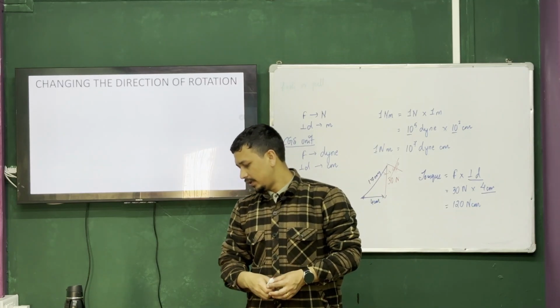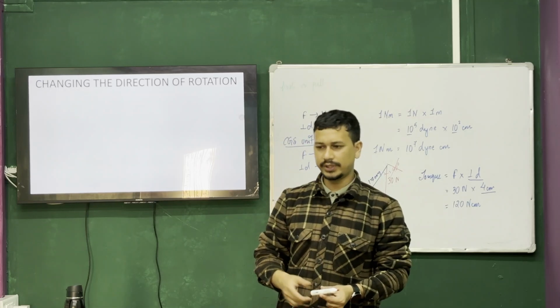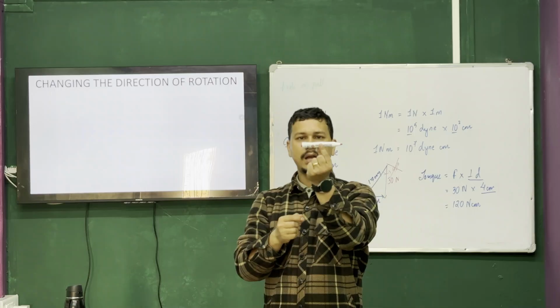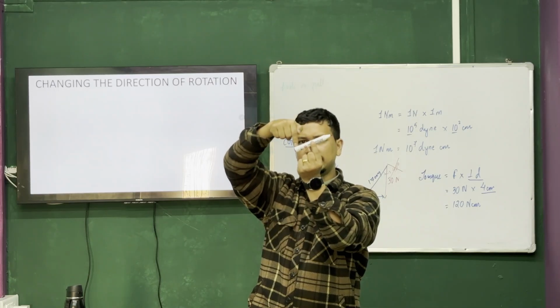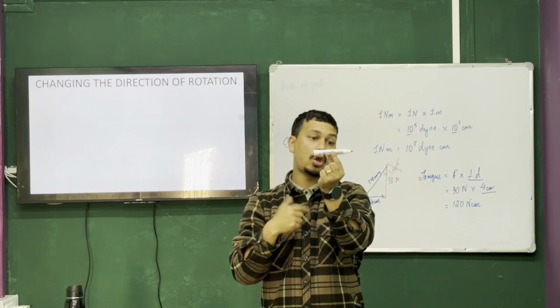So how can we change the direction of torque? One way I have already showed you. Let's say this is a pen. If I push it from here, you said it's going to rotate counterclockwise. How can I make it rotate clockwise?